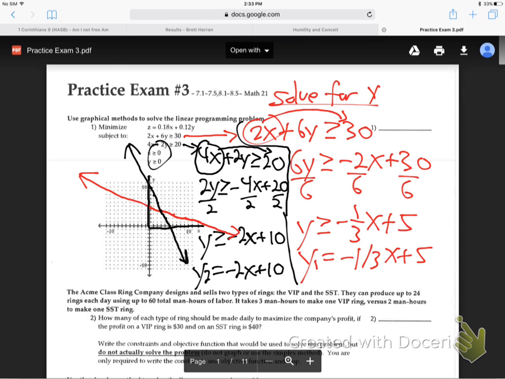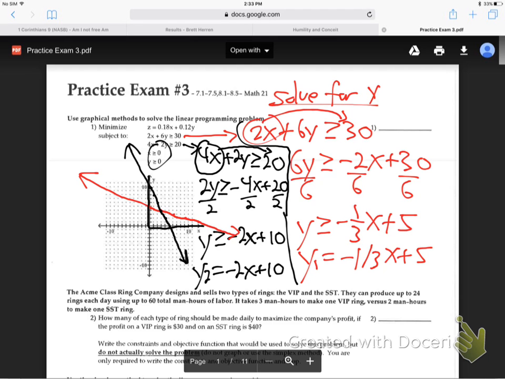Now, which way does the shading go? Does the shading go above the lines or below the lines? It's either going to be below both lines, which would be in here, or above both lines, which is out here. Which one is it? How do you know? Above because it's greater than. See how they say greater? Greater is always above.